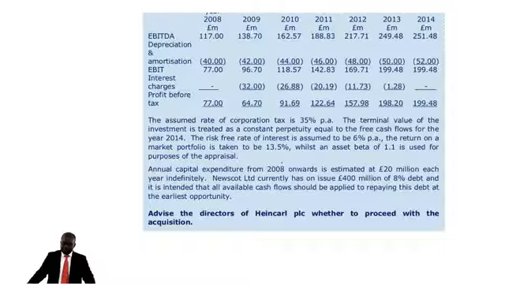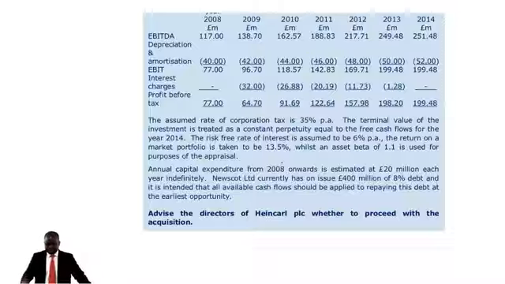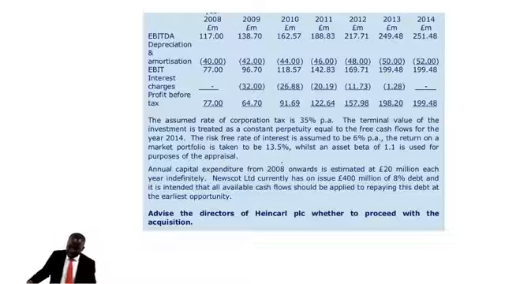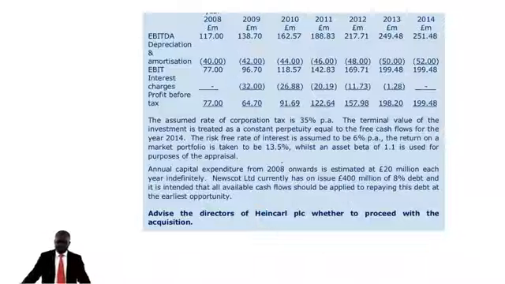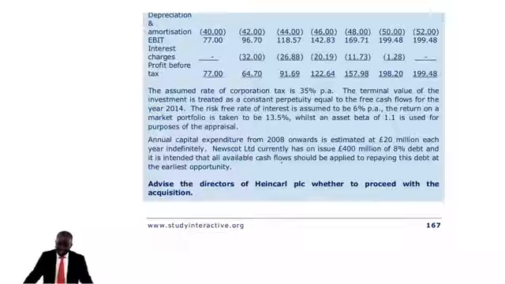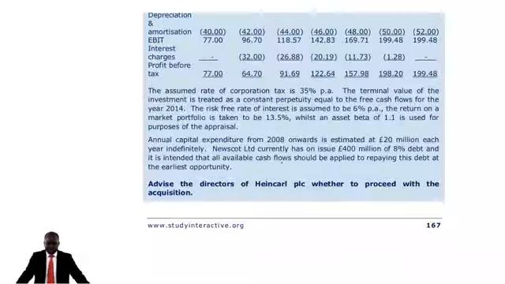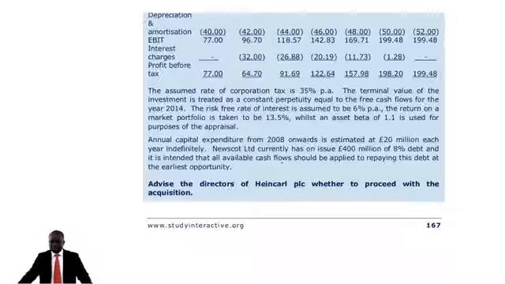The risk-free rate of interest is assumed to be 6% per annum. The return on the market portfolio is taken to be 13.5%, whilst an asset beta of 1.1 is used for purposes of the appraisal. Annual capital expenditure from 2008 onwards is estimated at 20 million each year indefinitely.